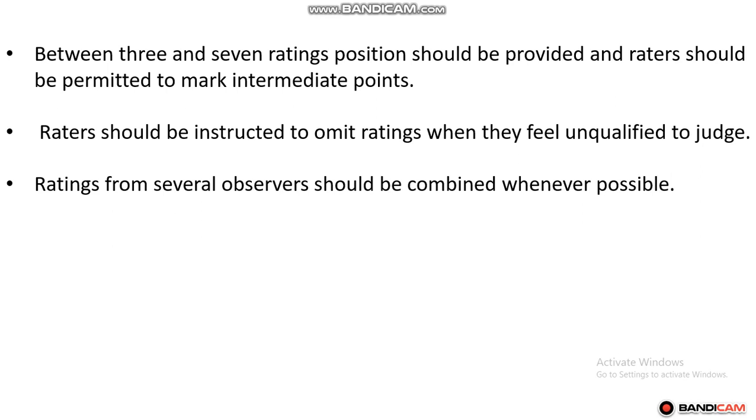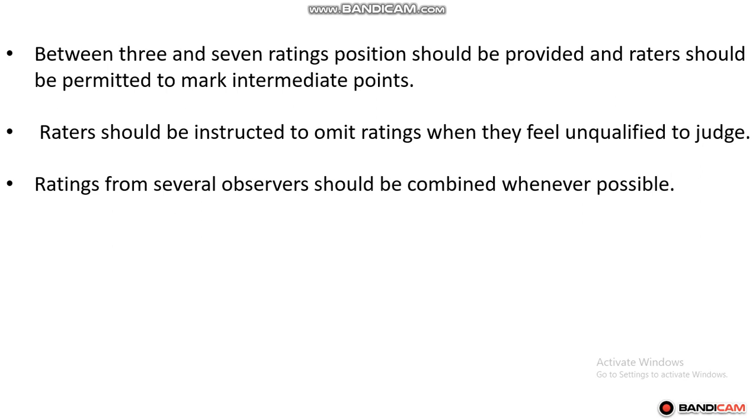Raters should be instructed to omit rating when they feel unqualified to judge. Sometimes for some questions we may not know what to answer, or we may not be clear about the question or a characteristic, then we can skip it rather than just ticking one. Sometimes we feel that we need to tick something or the other, so we tick blindly. In that way, rating should not be done.